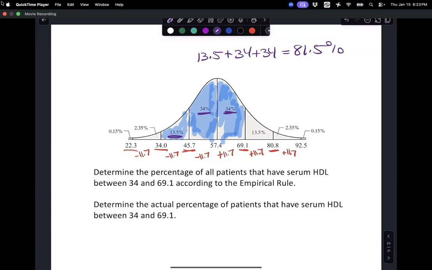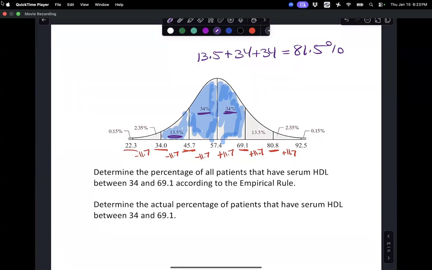So we would expect about 81.5% of all of our patients to have their serum HDL between 34 and 69.1. I don't know what the units are, but this is what we would expect.